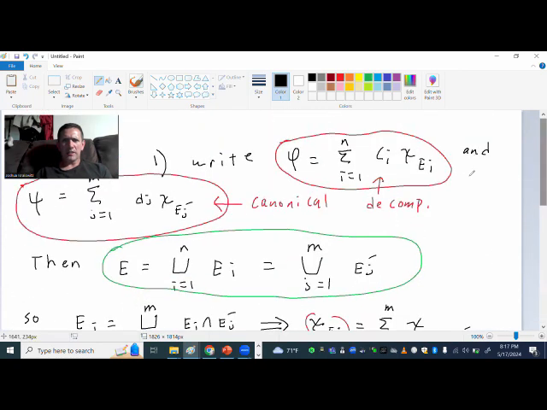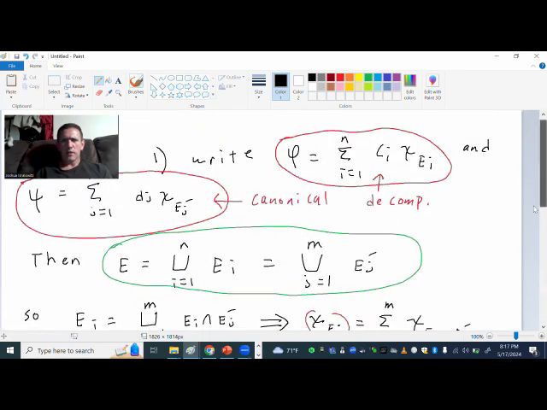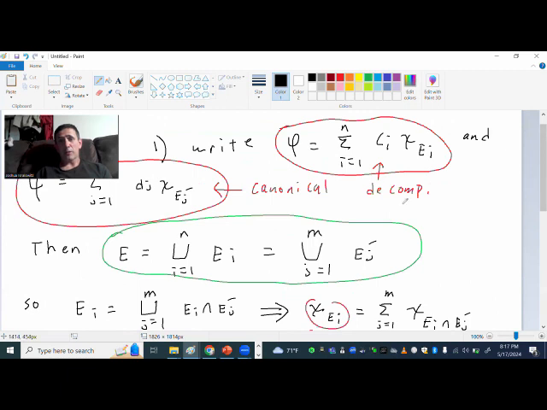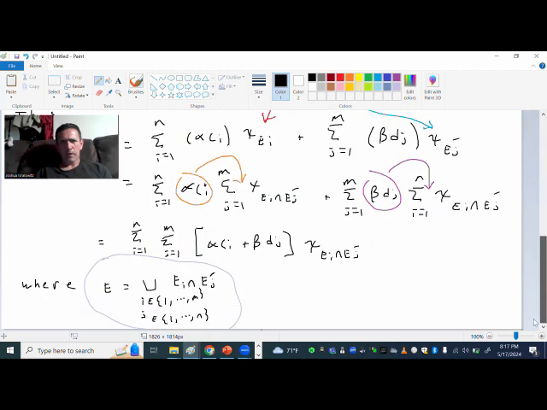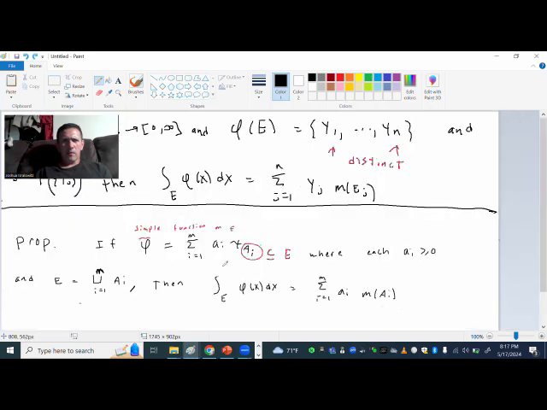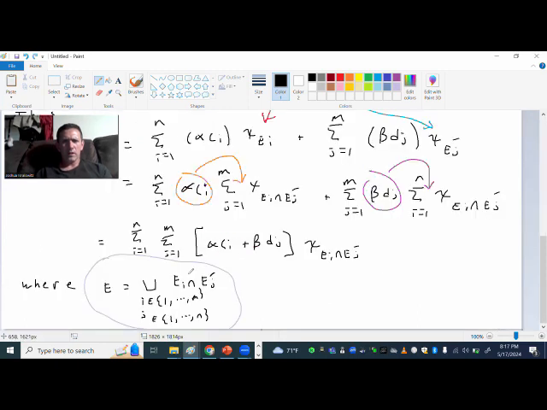Again, it follows exactly from this here, which again follows from the canonical decomposition, both of these. Okay. So that means I can use this proposition. E is the disjoint union of all these sets. So there might be a whole boatload of repeats in these coefficients, but that is a-okay.